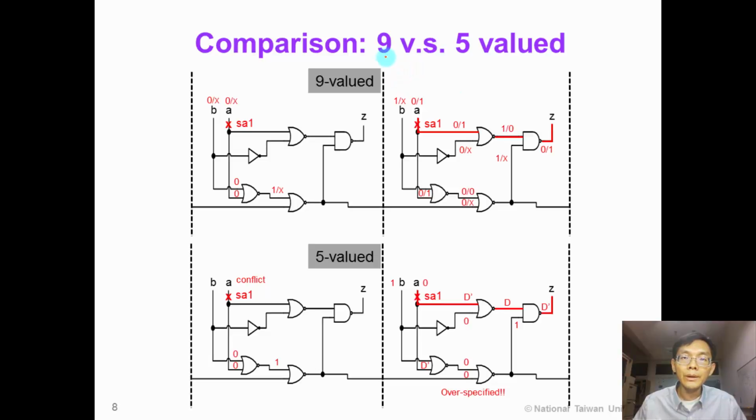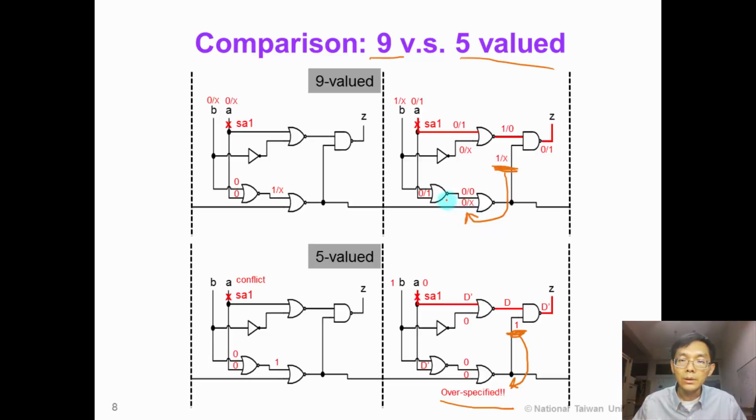If we compare the 9-value logic and 5-value logic, we can see the difference. In 5-value logic, we need a 1 here, but actually this is an overspecification. In 9-value logic, we only require 1X.